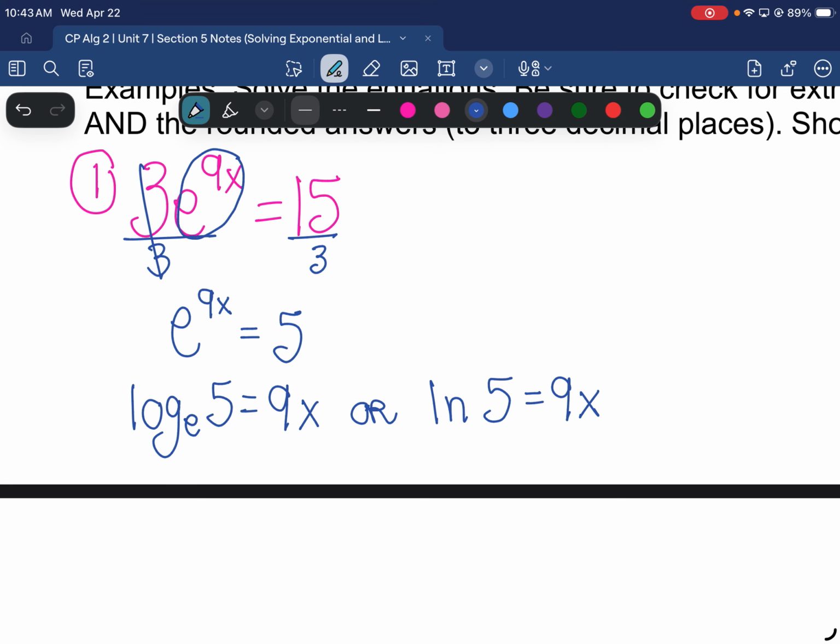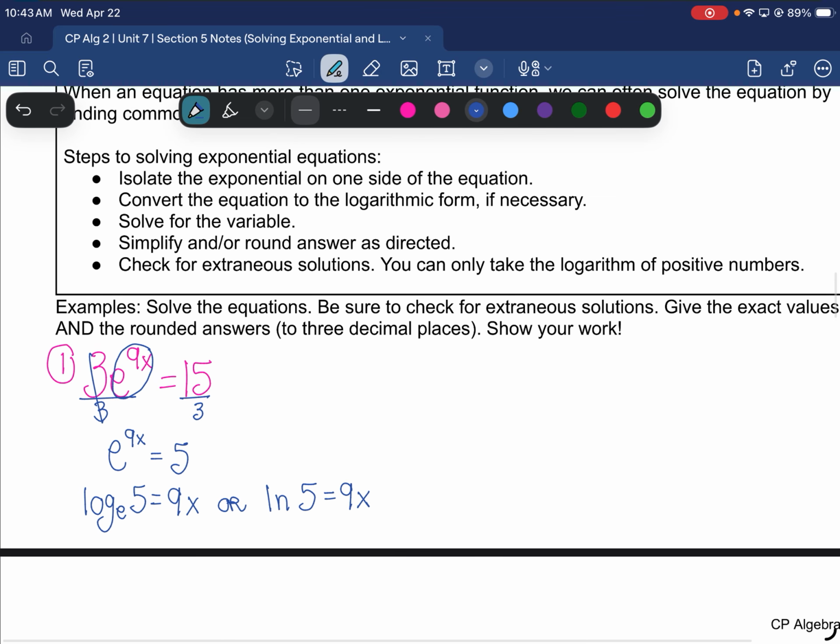Can you get x by itself now? So here's what you did. You got the exponential by itself. You converted to logs. Now solve for the variable. How would I get the variable by itself? There's a 9 with it and it's being multiplied. So how do you undo that? Divide by 9.